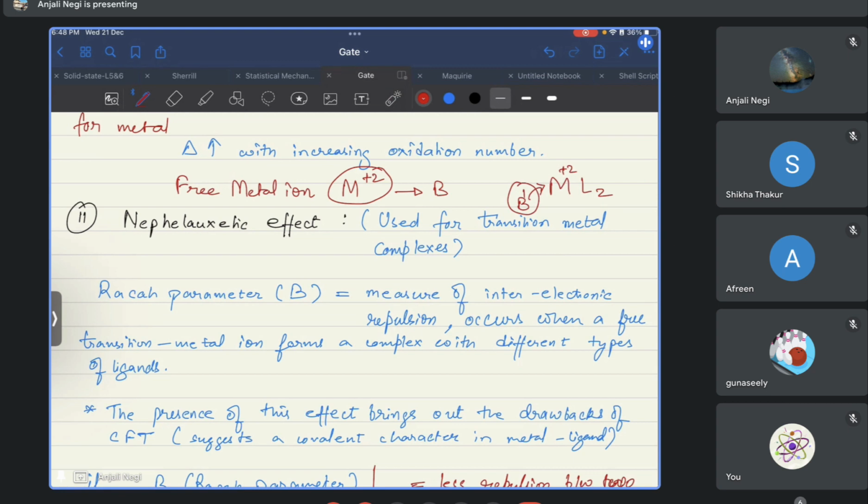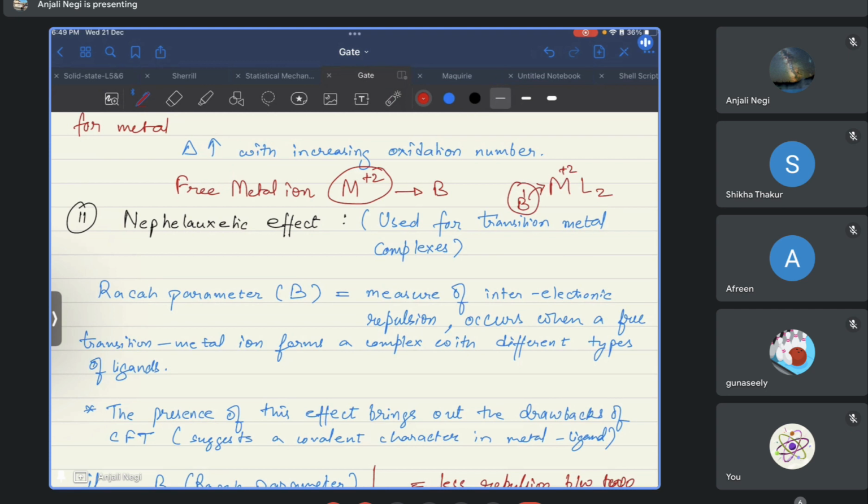Since the electron cloud of the metal orbital must have been distorted or expanded in order to form the bond with the ligand, the repulsion must have decreased, correct? So this B prime value for the metal complex will be smaller.